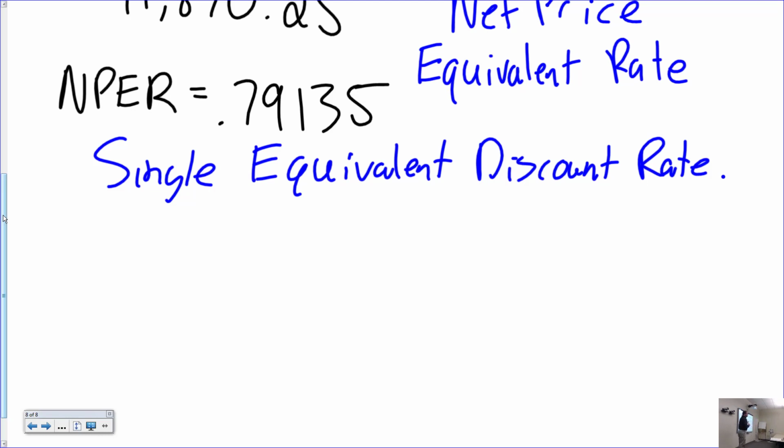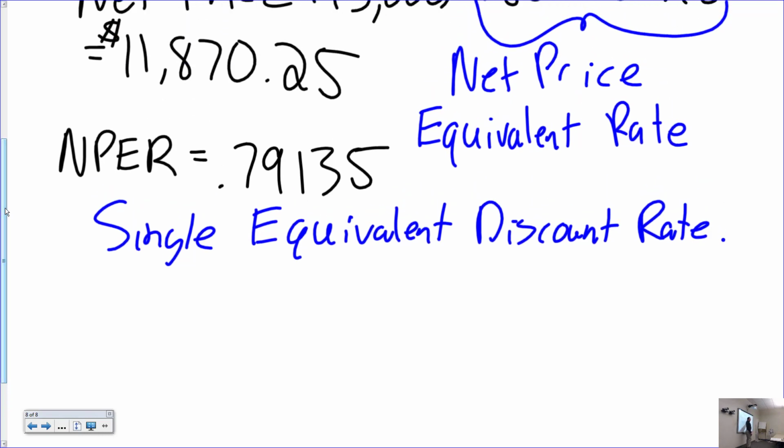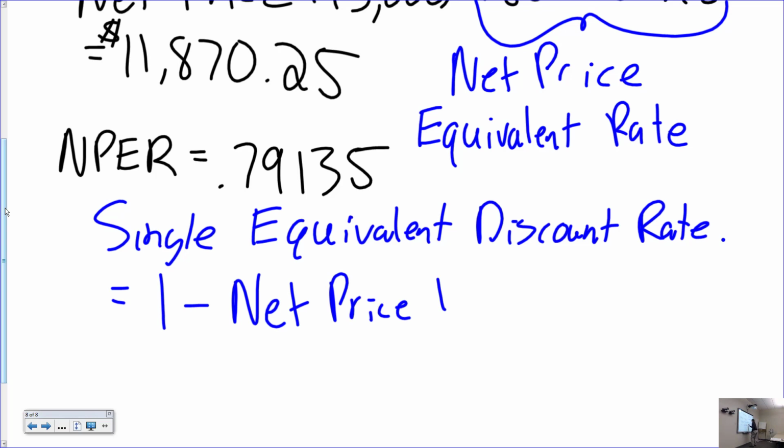The cool thing about the single equivalent discount rate is that it is just the complement of the net price equivalent rate. So these two things are completely related. They are complements of each other, okay? They add up to 1, or they add up to a whole. Think of it as 100%, right?